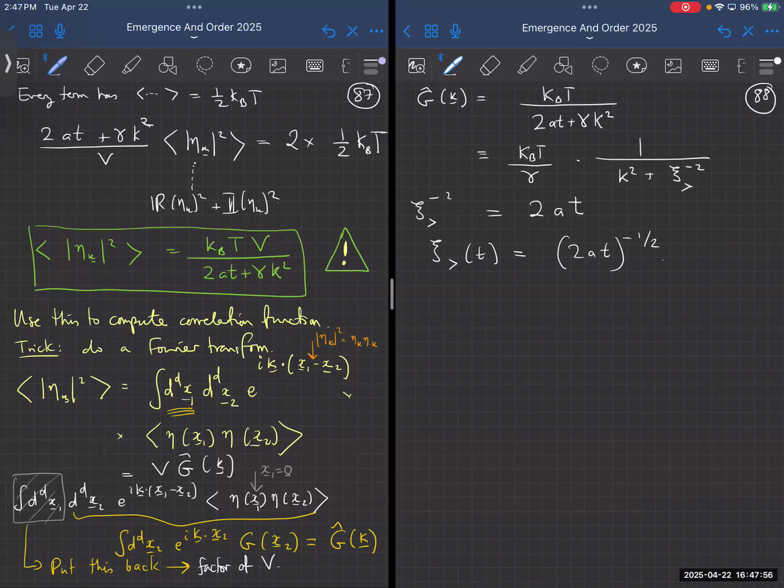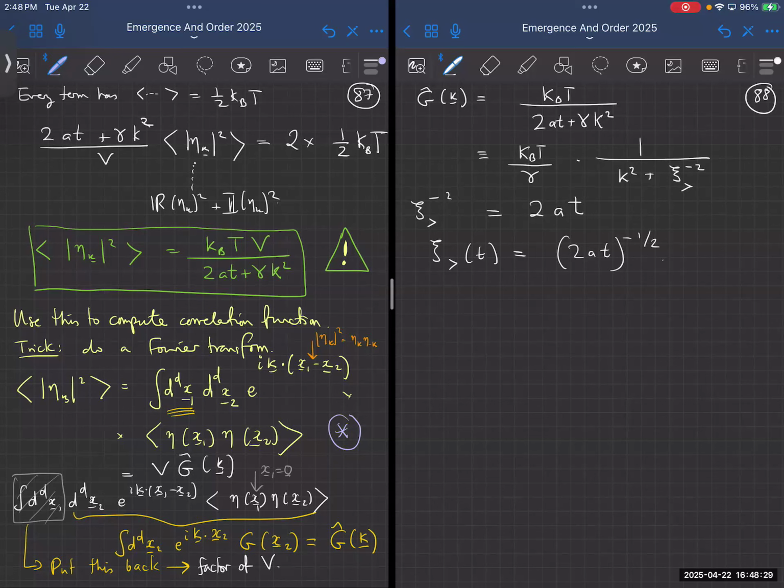And then I showed you that that absolute value of eta k squared is in fact the Fourier transform of the 2-point correlation function times V. So therefore I can then say that the 2-point correlation function is just kBT over 2at plus gamma k squared. So I started off by computing, using the equipartition theorem, the autocorrelation function of eta k, and then I showed you that this thing is just the Fourier transform over here of the 2-point correlation function.